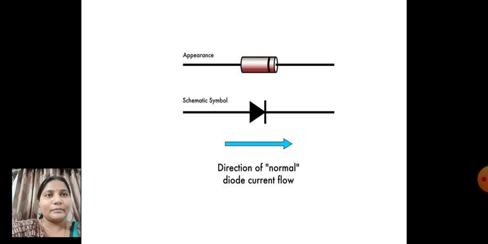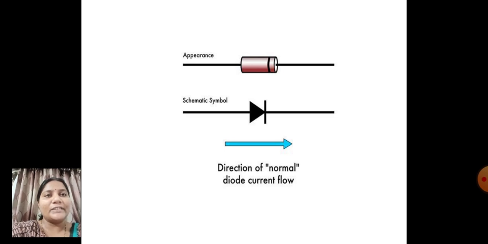So in the screen you can see the physical appearance of PN junction diode and at the same time schematic symbol of PN junction diode. Coming to the physical appearance, it is having two straight lines in the left side and right side. Those two straight lines are known as terminals.